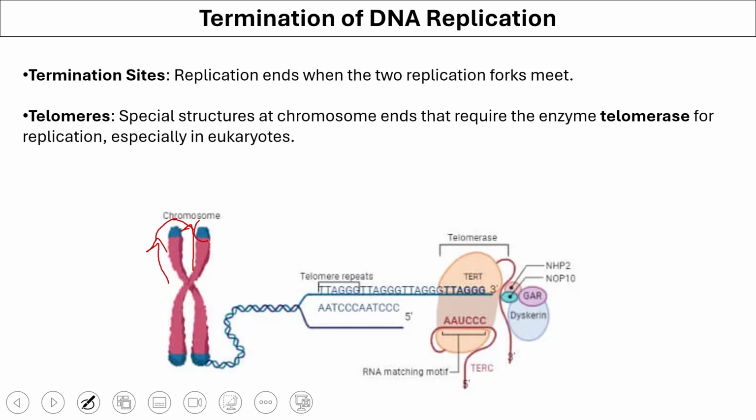The ends of chromosomes are very tightly wound. These are called telomeres, and for opening these telomeres you require the enzyme called telomerase, which then facilitates the replication in these areas. With each cell division, the telomeres keep shortening, and the shortening of these telomeres actually leads to aging. Why does that happen?